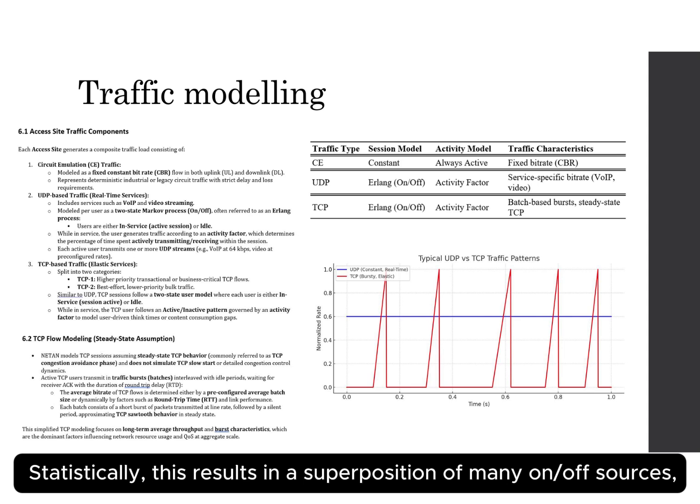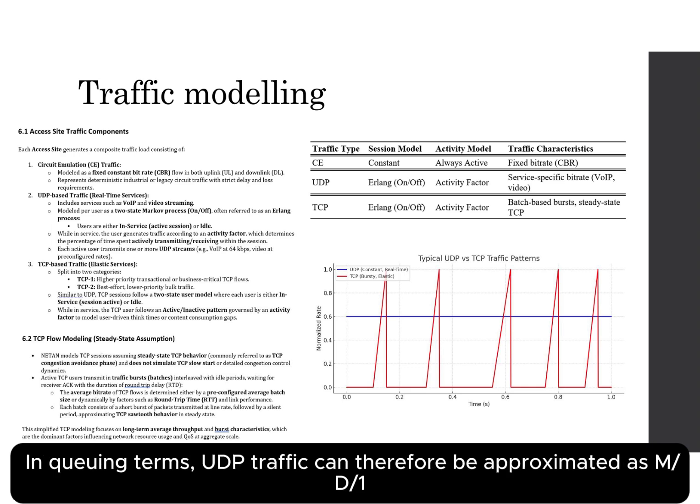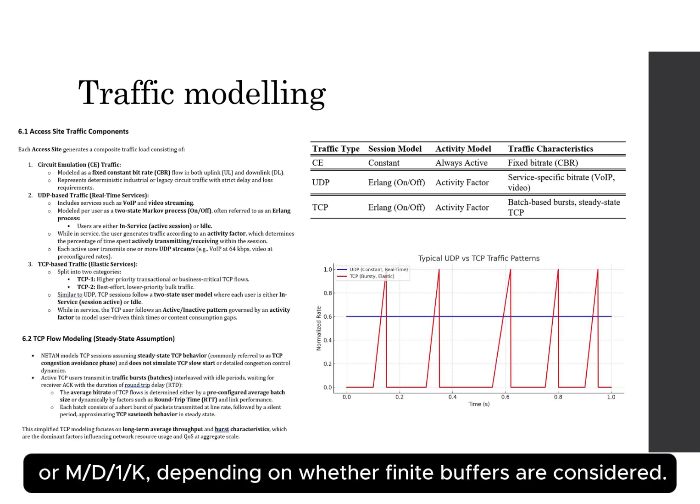Statistically, this results in a superposition of many on/off sources, which in aggregate behaves close to a Poisson arrival process under typical conditions. In queuing terms, UDP traffic can therefore be approximated as M/D/1 or M/D/1/K, depending on whether finite buffers are considered.